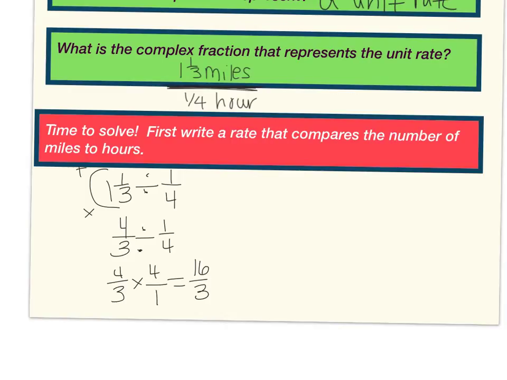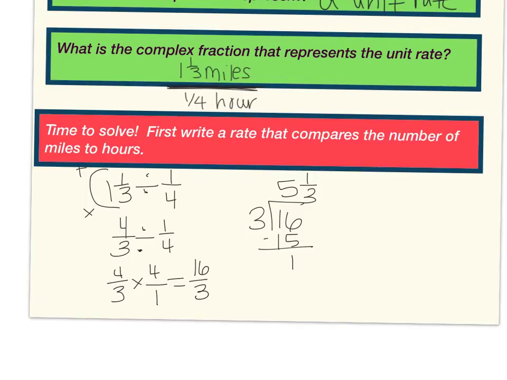So our final answer could be 16 over 3, but that doesn't make as much sense as it would if it were a mixed number. So before we give ourselves a final answer, let's convert this back to a mixed number. 3 can go into 16 5 whole times. Subtract, we get 1 left over. We get 5 1/3.